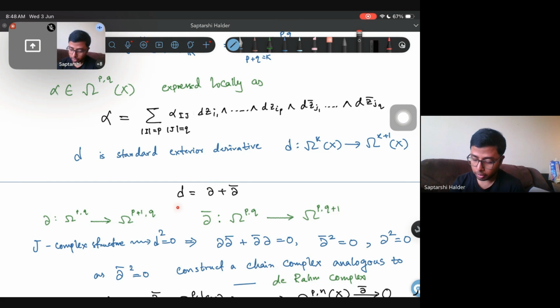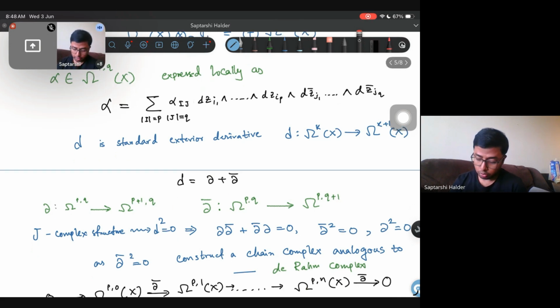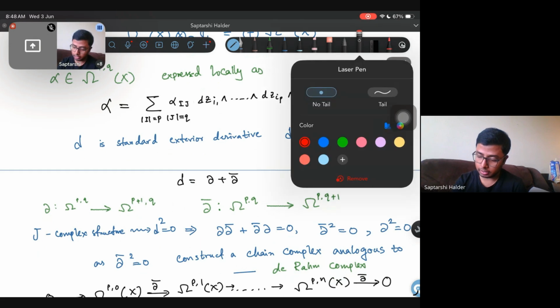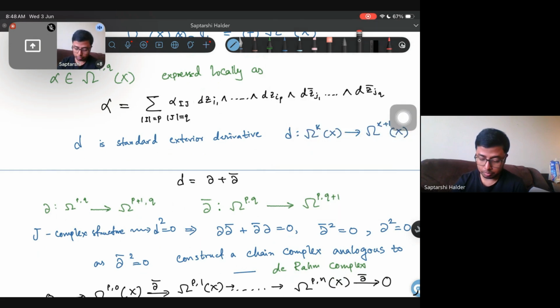So you can see that the del operator sends Omega^{p,q} to Omega^{p+1,q}, because it acts only on this first part.